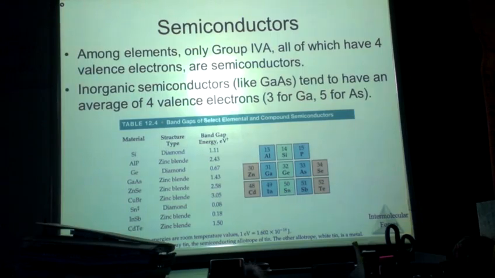Again, this is saying the same thing. Among elements, only group 4A, all of which have 4 valence electrons, are semiconductors. There are two main types of semiconductors: elemental semiconductors, and inorganic compounds of semiconductors, an example being GaAs.